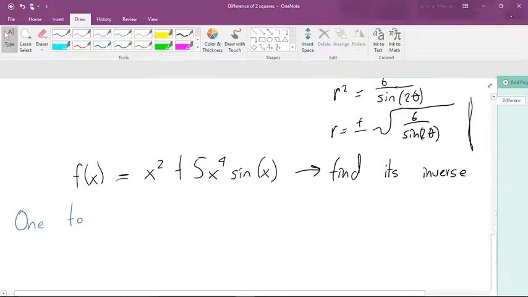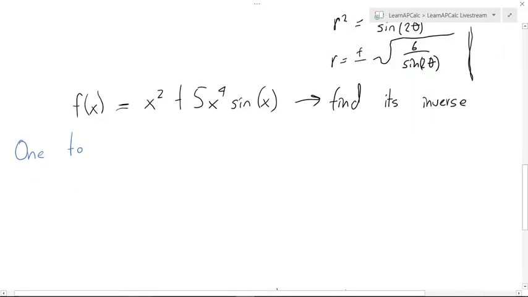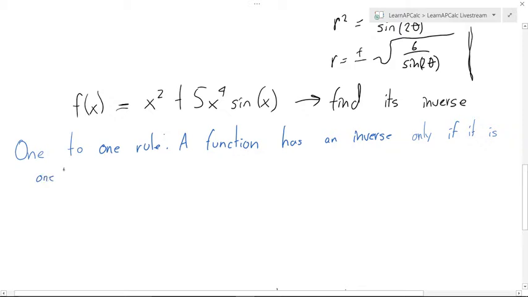So going back to inverse functions, I can talk about the 1-to-1 rule. A function has an inverse only if it is 1-to-1.